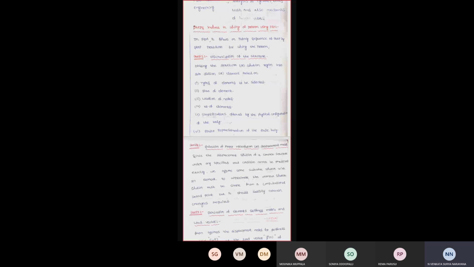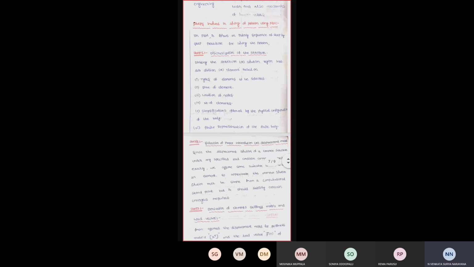Next, coming to an important topic: steps involved in solving a problem using the finite element method. This is a very important topic from the external point of view. In FEM, it follows an orderly, step-by-step procedure. All steps are very important to solve any problem.